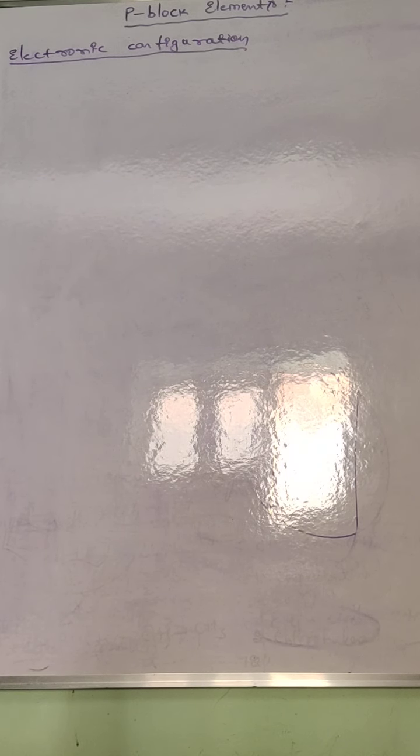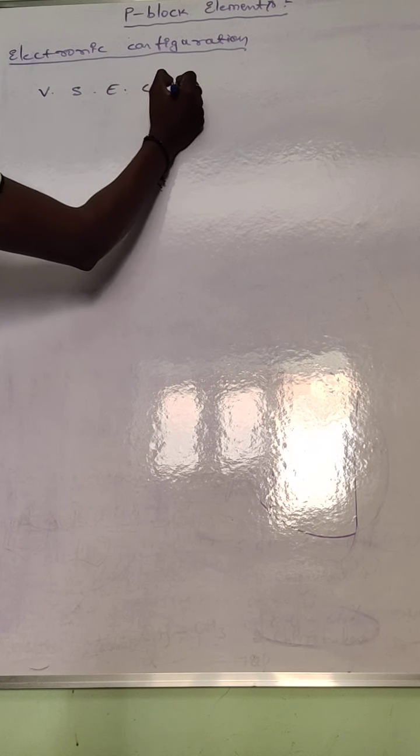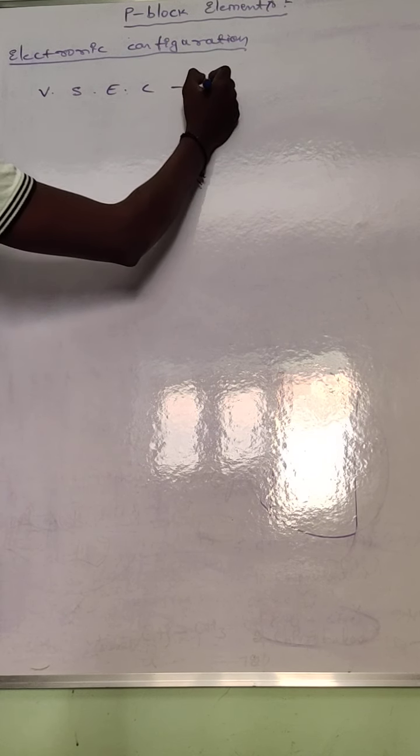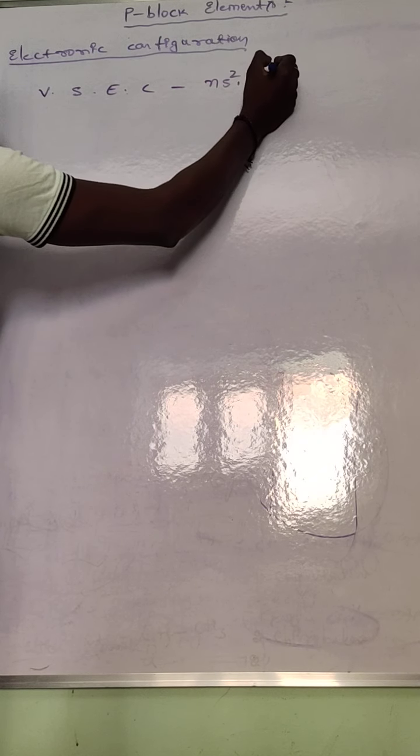So the valence shell electronic configuration of the 15th group elements can be indicated by ns2 np3.